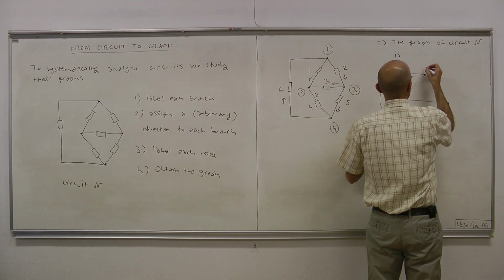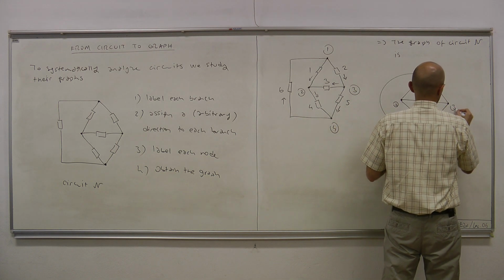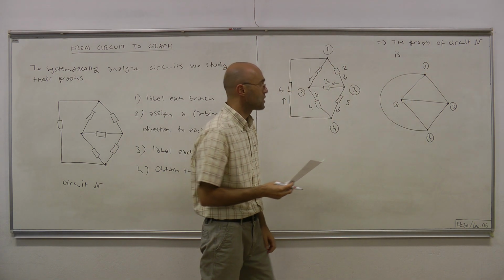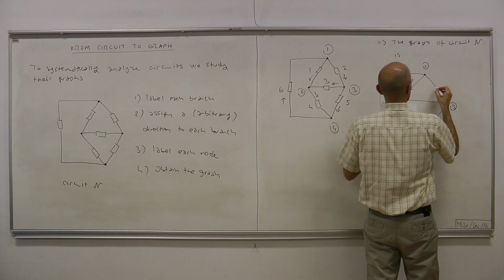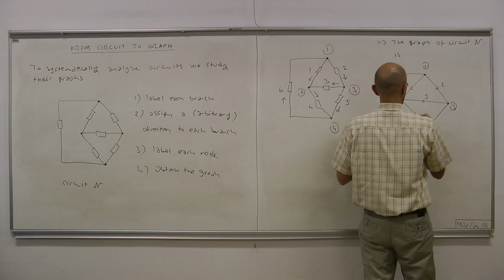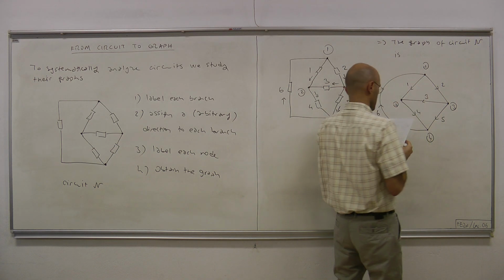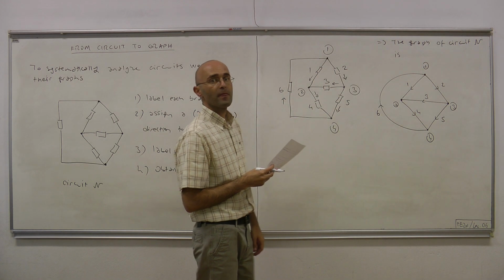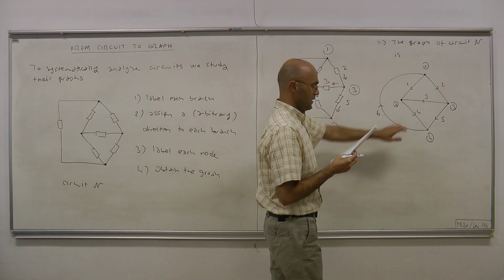So we have 1, 2, 3, 4, those are our nodes, and we have 1, 2, 3, 4, 5, and 6, those are our branches with the assigned directions. So this is our graph.